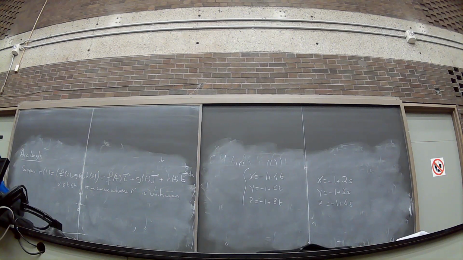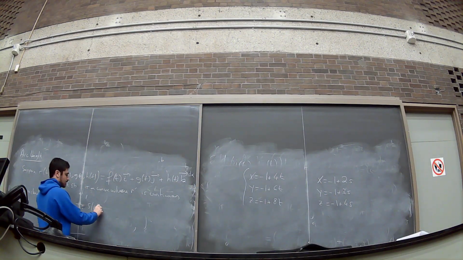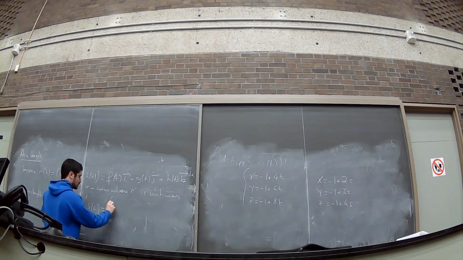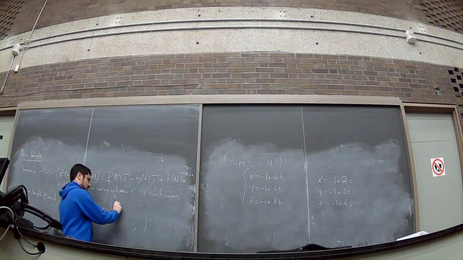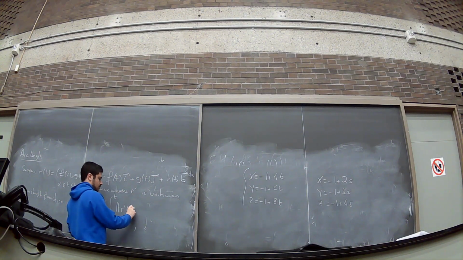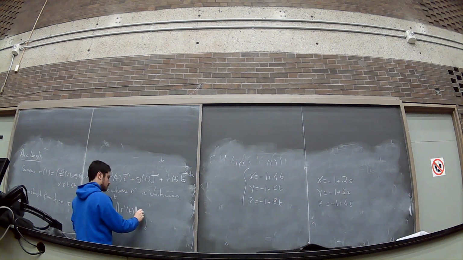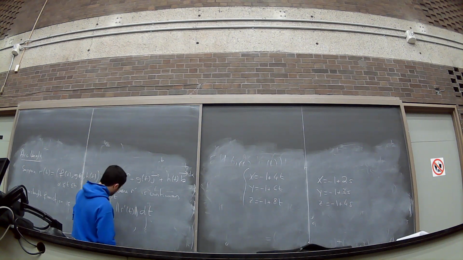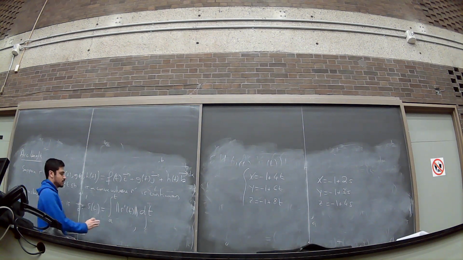Arc length function: S of t is the integral of the norm of R prime of u du.